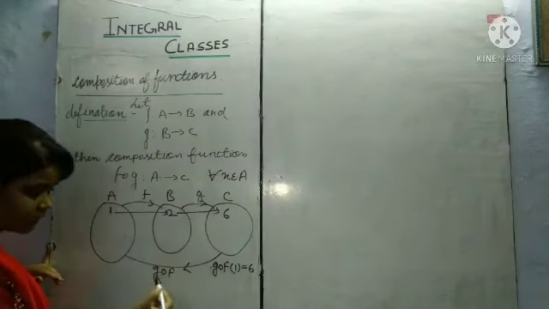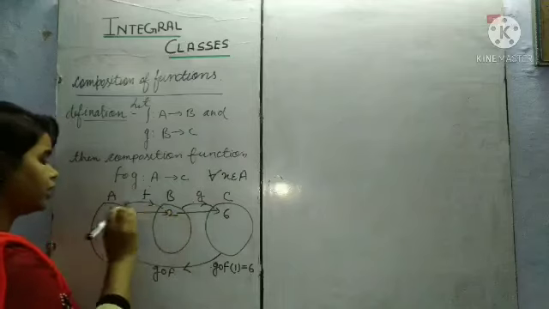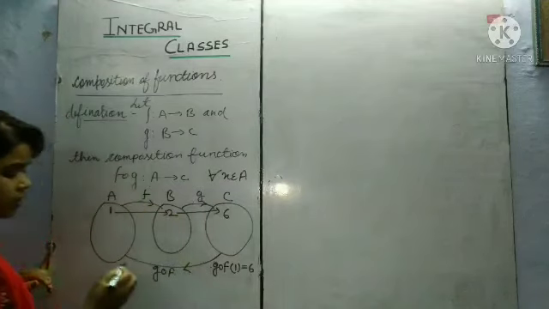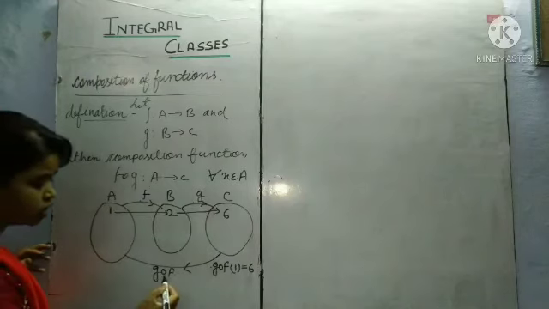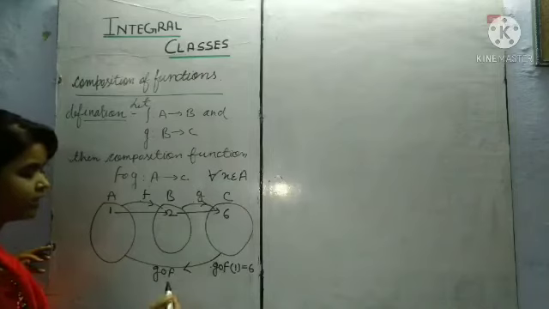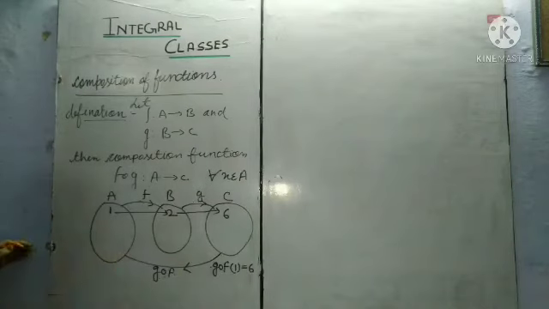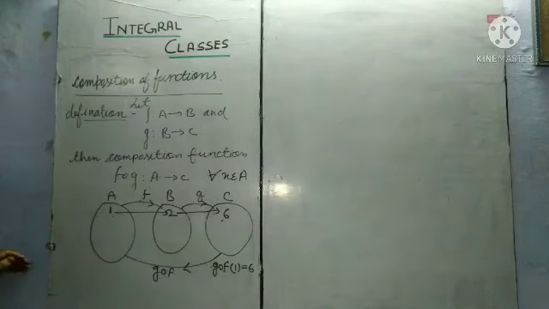First we write g, then f, but we read it as: if we find gof, first we find f, then g. So gof(1) equals 6. Now I will explain this by an example also.